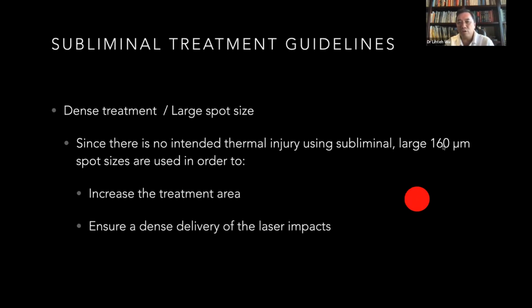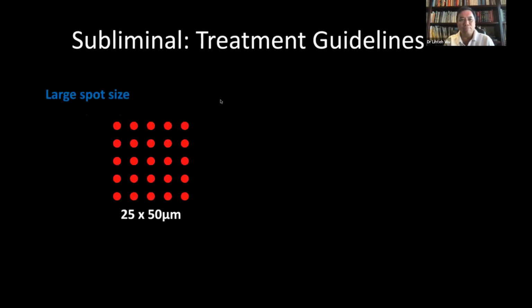So for those of you who are older and remember doing the focal laser, you might say, wow, 160 microns, that's really a large spot to work in the macula. We're used to 50 to 100 micron sizes. But the reason for this is the following. So here is a grid of 25 spots of 50 microns.